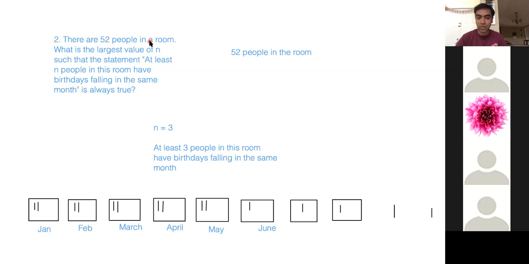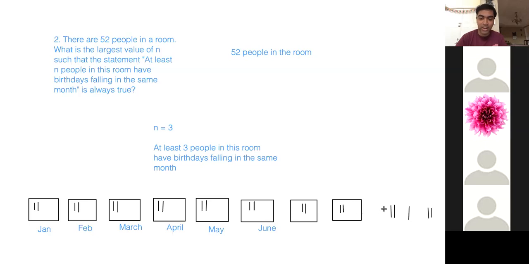Now, if I'm saying 3 people have birthdays in the same month, let's try to use the same logic there. You would need 25 people. Good. So I had 2 people in every month. So I could put 24 people and only have 2 people born in each month, right?